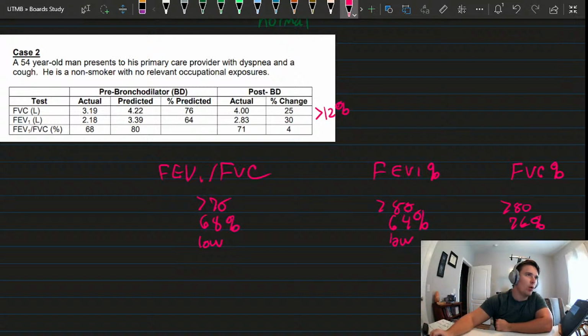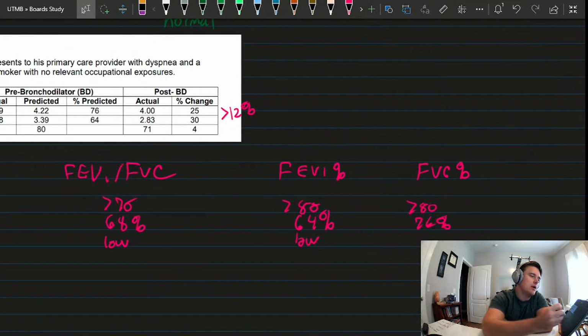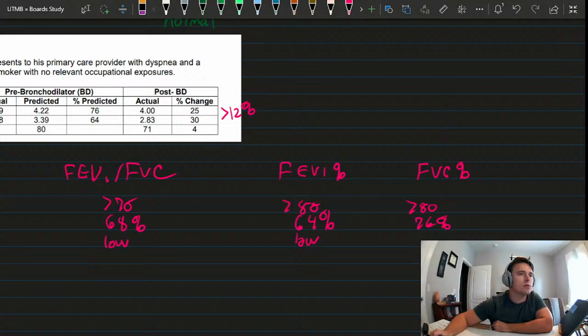He has a little bit of both, obstructive and restrictive, because the FVC is low, but I don't think it's low enough to classify as a restrictive lung disease or a combined. Let me pull up my cheat sheet.